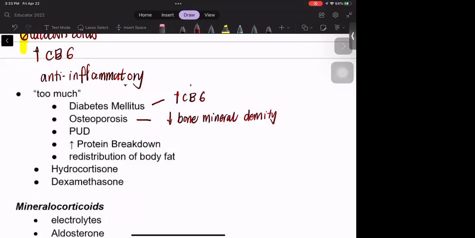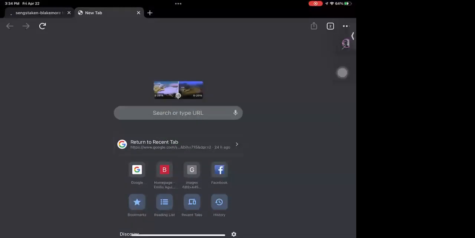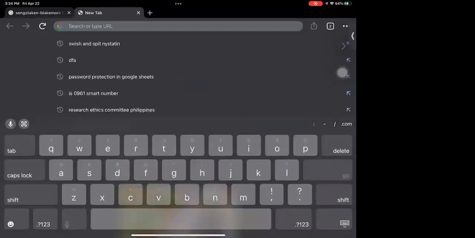Now, students, your peptic ulcer disease is related to the decrease of the gastric protectant lining. And then there will be an increase of protein breakdown and redistribution of body fats. That's why, class, if you look at the appearance of somebody with excess glucocorticoid hormones, you will see the appearance of Cushing syndrome.